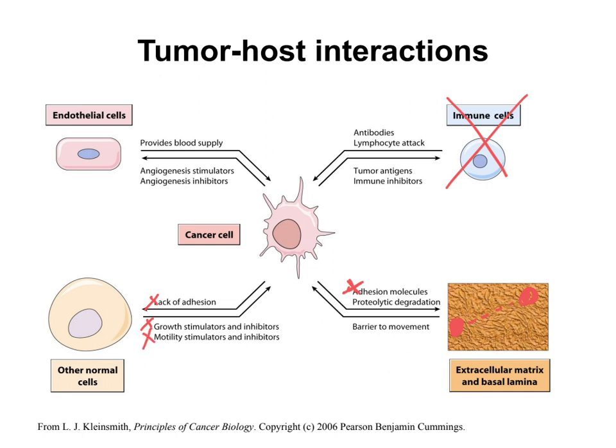And then also, in order for the tumor to grow to a bigger size, we said that in order for it to get bigger than 1 to 2 millimeters, it needed to stimulate its own blood supply. That was angiogenesis. The cell has the ability to produce proteins that can stimulate angiogenesis.